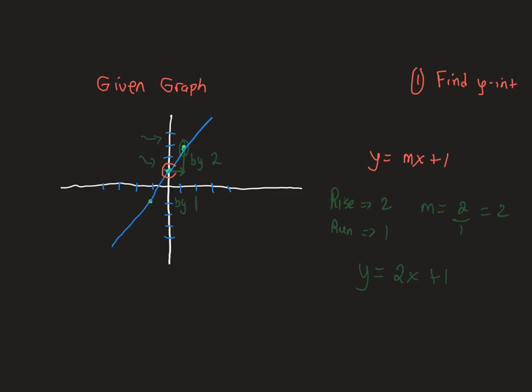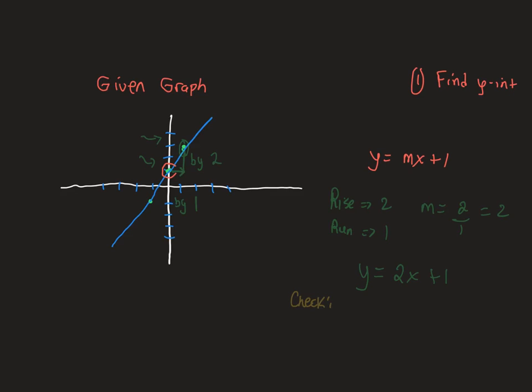Now you can easily check on this. You can do a check. How do you check? Well, you sub one of your points. And I know one of my points would be, let's say, the 1, 3.